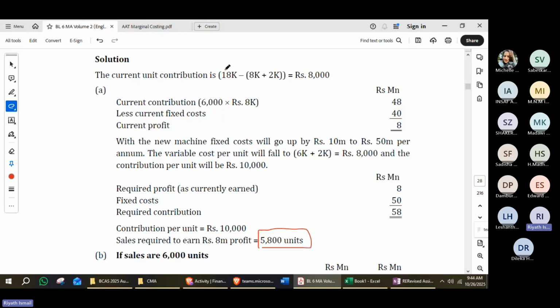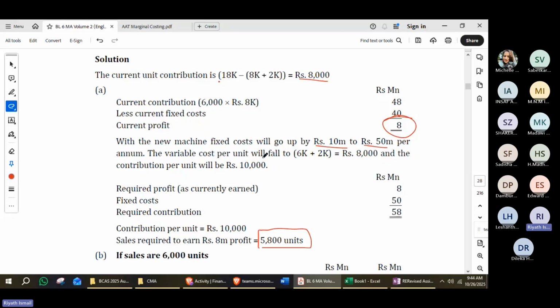The current unit contribution is 8,000, and the current profit is 8. With the new machine, fixed cost will go up by 10 million, so that is 50 million new fixed cost.